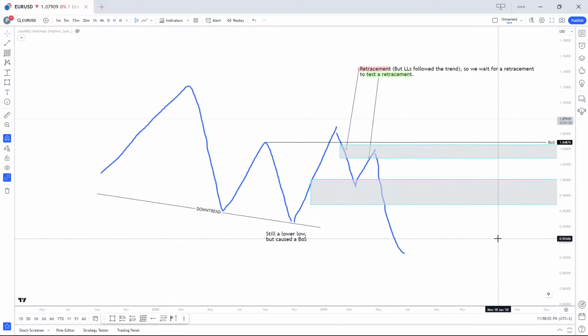Alright, let's not complicate. Let's screenshot this. Alright, no, I don't like this. Maybe we can screenshot somewhere, here. Okay. So we got it for a downtrend, now we have to make it for an uptrend.